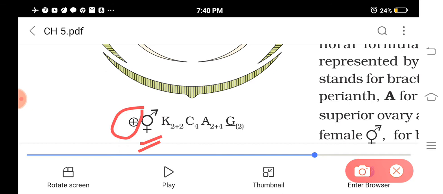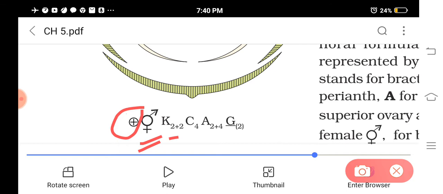The calyx consists of 4 sepals, but they are in 2 different levels, shown as 2 plus 2. The corolla has 4 petals, and they are not united. The calyx is also not united. If it was united, the 4 would be in a bracket. The androecium has 6 stamens arranged in a 2 plus 4 condition, 2 in one level and 4 in another, in 2 different circles.